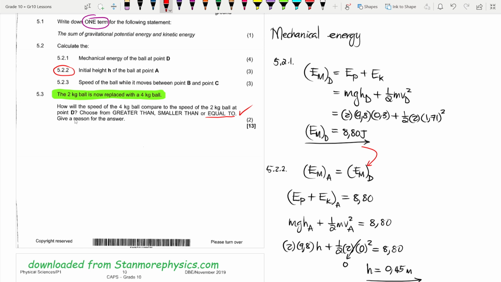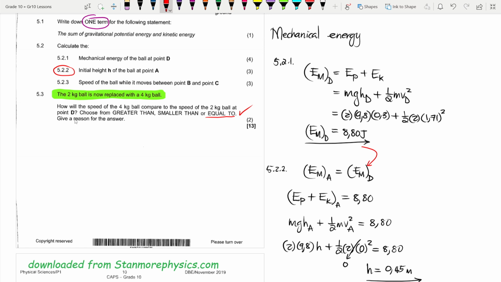I'll see what they say if I find the memo of this, but it's exactly what you just said. The mass doesn't affect the speed of the ball. Also, can I say that mass has no effect on the equation of mechanical energy? Yes, that also makes sense.